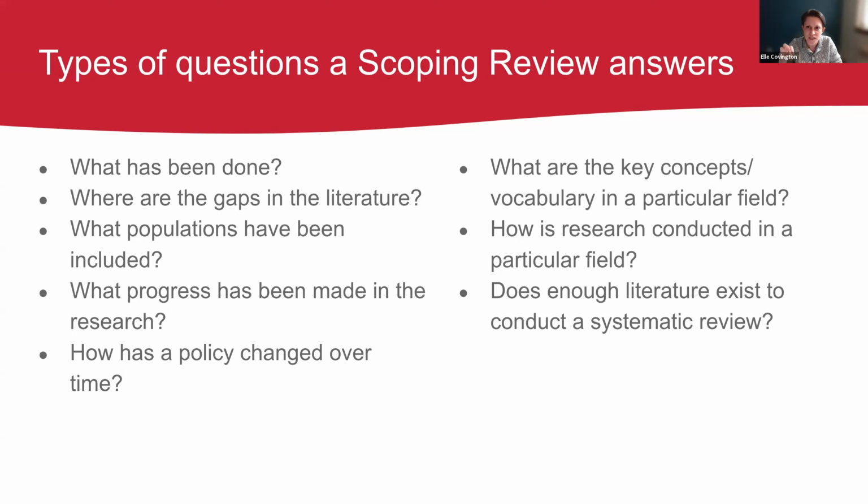If that happens within a scoping review, it is expected that you're very transparent about that when you're writing up your manuscript. Your methods sections when you're doing systematic and scoping reviews are going to be really lengthy, and the goal is to make those as transparent as possible.